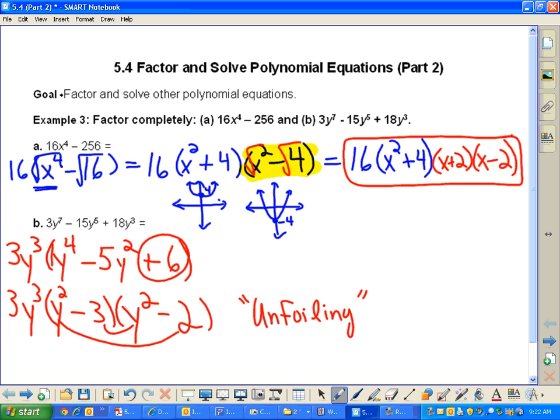When I learned it, they called it guess and check, because I just guessed two factors and checked them. I checked the outers and the inners to make sure that they made negative 5y squared. This is going to be a shortcut I use quite a bit. It's best to use when there's no number in front of your y to the fourth or your y squared. Questions about that little shortcut?